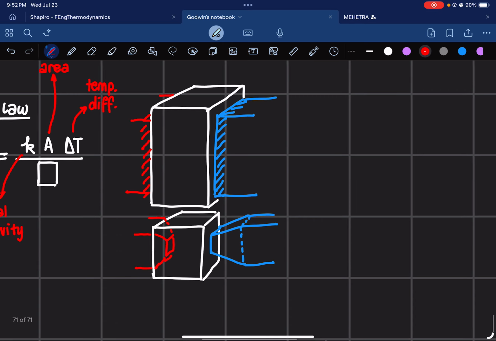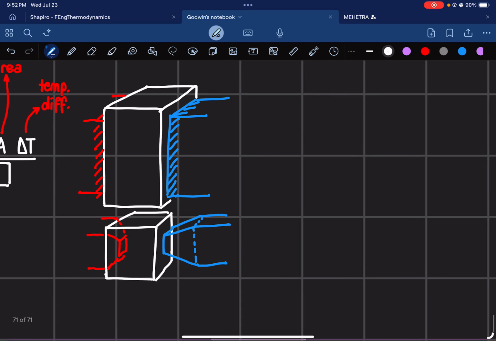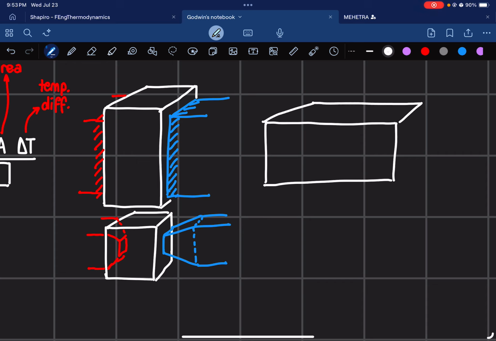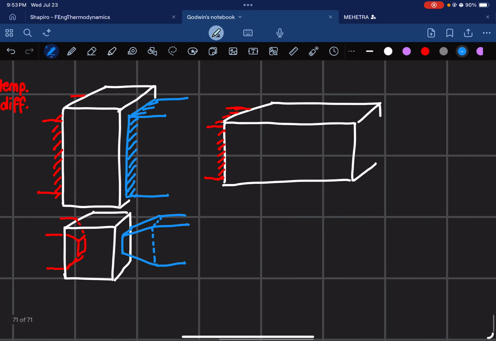Now, okay, if you've unpaused, let's say for example na ganito na yung itsura ng ating material. The material has not changed particularly, pero what has changed is the length or the thickness of the material wherein the heat has to quote-unquote pass through.